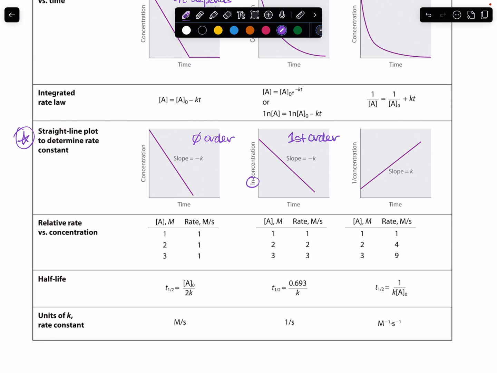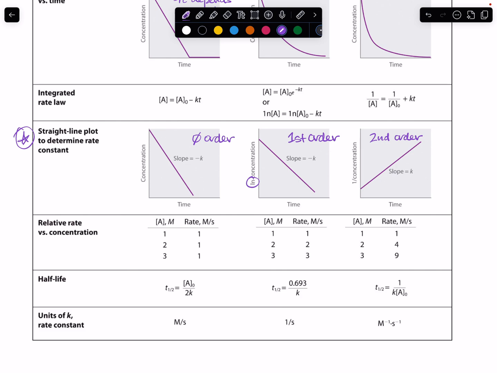And if you plot 1 over the concentration versus time and get a straight line, then you know you are second order. So recognizing which of these three plots gives you a straight line and then tells you the order is very, very handy because if you're given a plot, you can immediately look at it and decide what order it is.